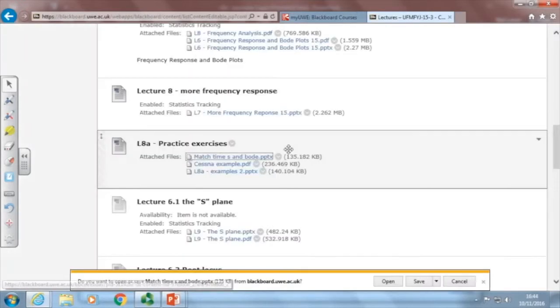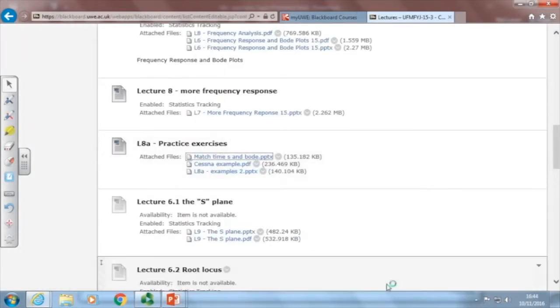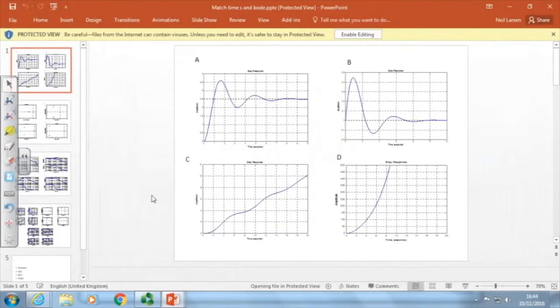The other thing I'd like you to have a look at is actually a past exam paper question. We've now done time response, we have done the S-plane, and we've done frequency response. Okay.